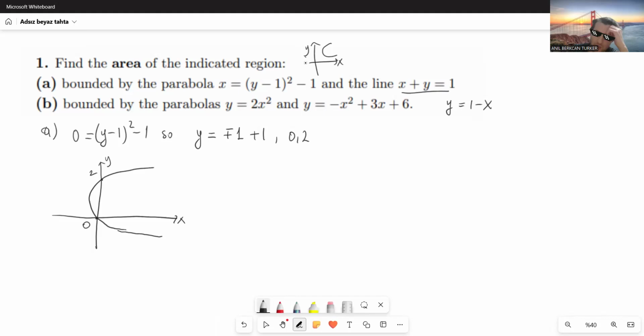So we put x equals 0, and you get y equals 1. So it's like that. Okay, the region between them is here. Of course, this region is also between them, but we are looking for a finite region.